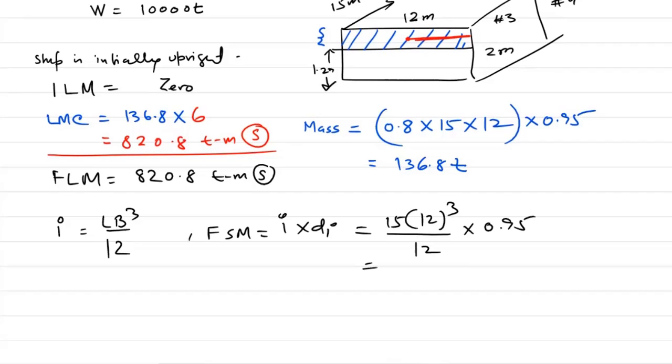So you have free surface moment directly. Sorry, why am I dividing unnecessarily? 0.95, how much are you getting? 2052. Free surface moment 2052. Always mention unit, ton meter.